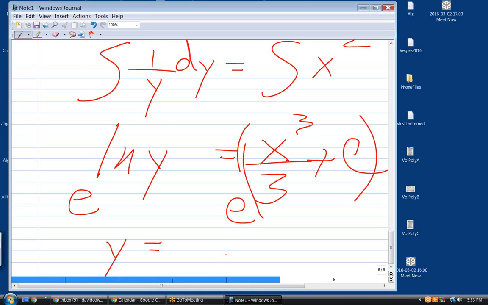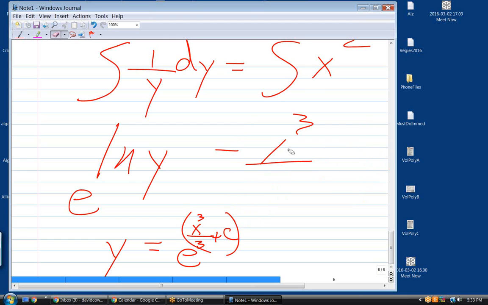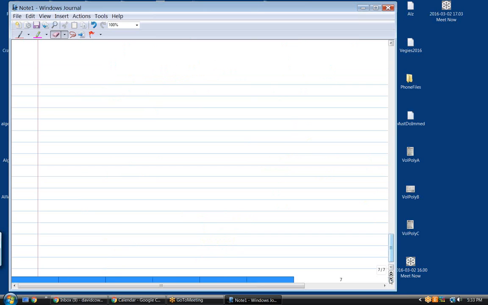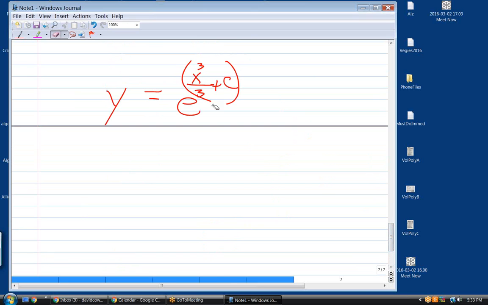On the right, notice that I have the following, and this is where it's a little different. So y equals this, but that can be separated because when you're adding exponents, it's the same as multiplying.